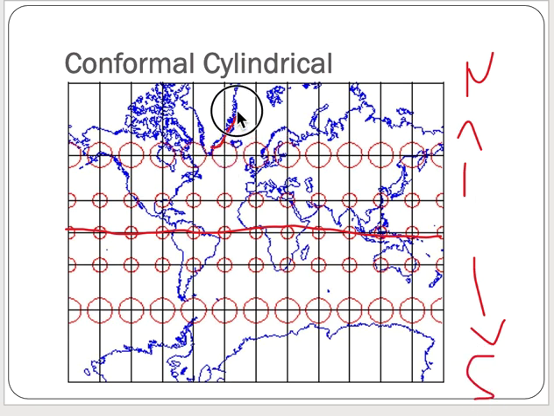For example, here we have Greenland that appears extremely large and about the size of Africa or even larger. So again, you have to keep that in mind when you're working with these types of map projections. So since it's conformal, it is preserving the shape or angle of the continents, but distorting the size. Like we see here with Greenland, the size is extremely large, when in actuality, it is smaller than that.